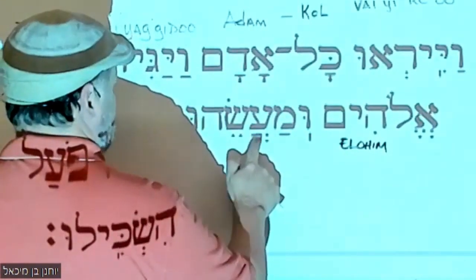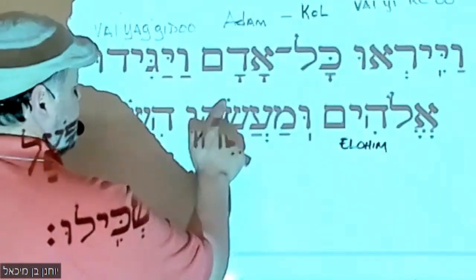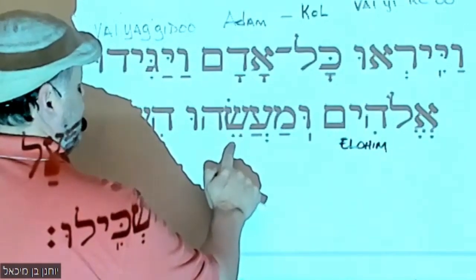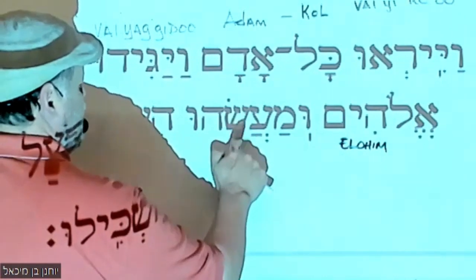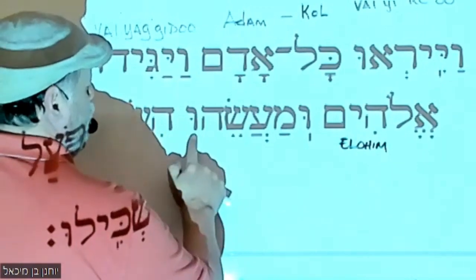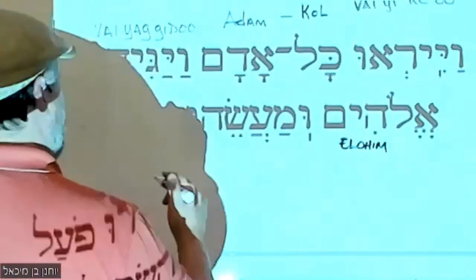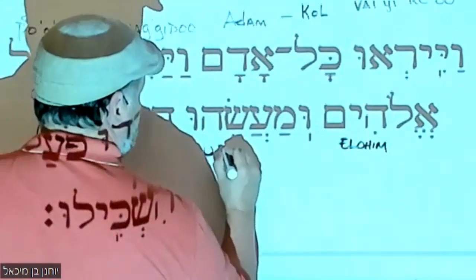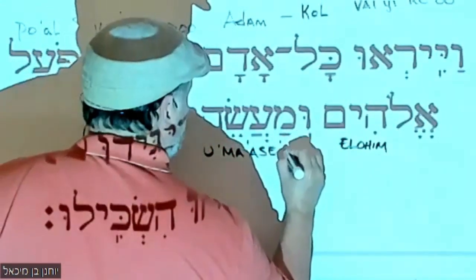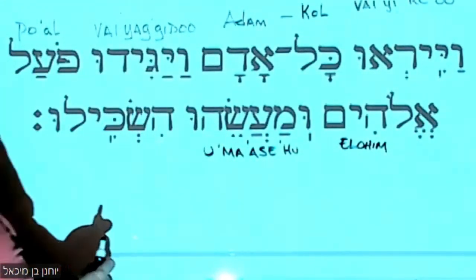Uma'a. Then we have a sin, right? Indicators on the left-hand side. Sin, pointed sere, right? So se. Then we have a hey followed by vav pointed shuruk. Hu. Uma'asehu. All right, what's our next word here?